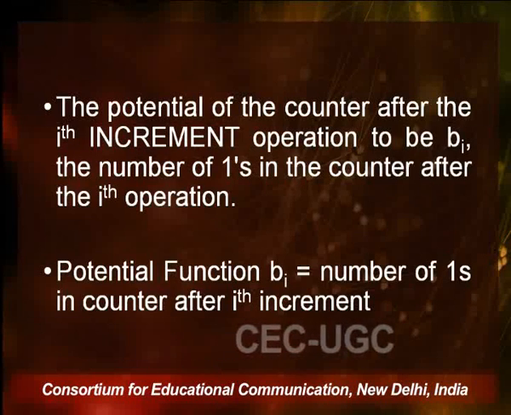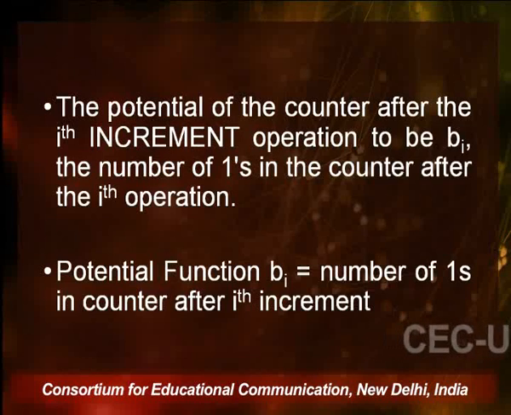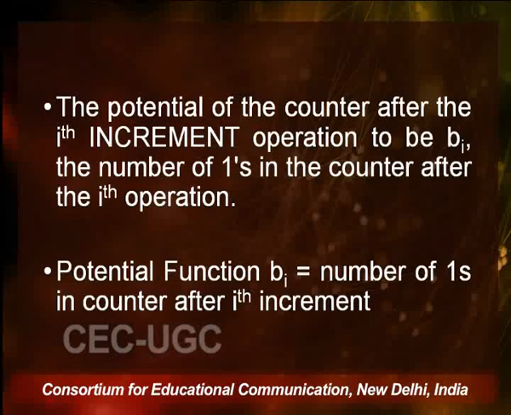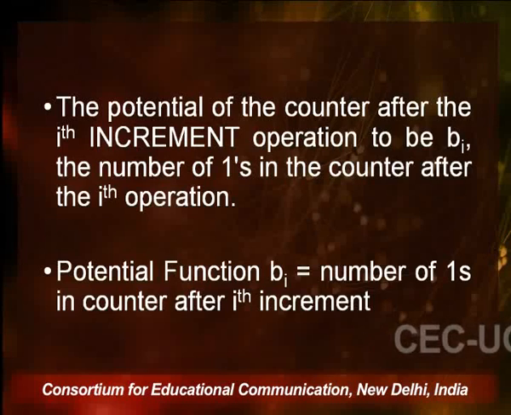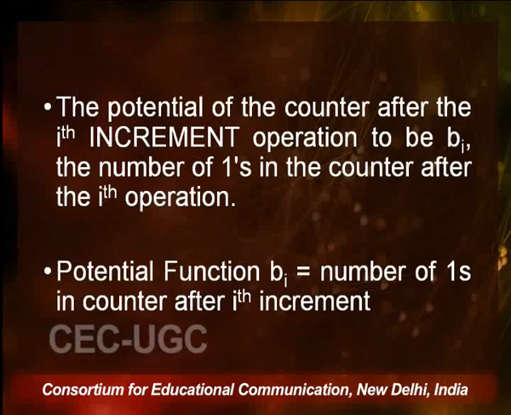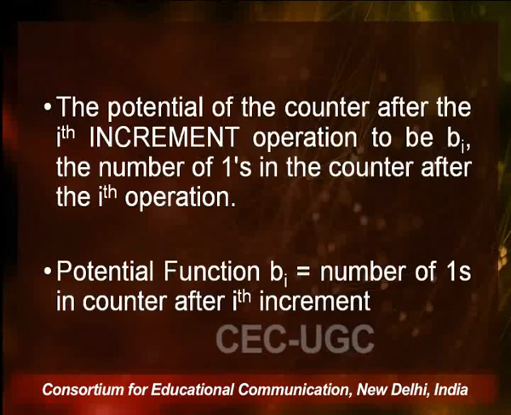The potential of the counter after the ith increment is denoted by B_i, and this B_i is nothing but the number of ones in the counter after the ith operation.